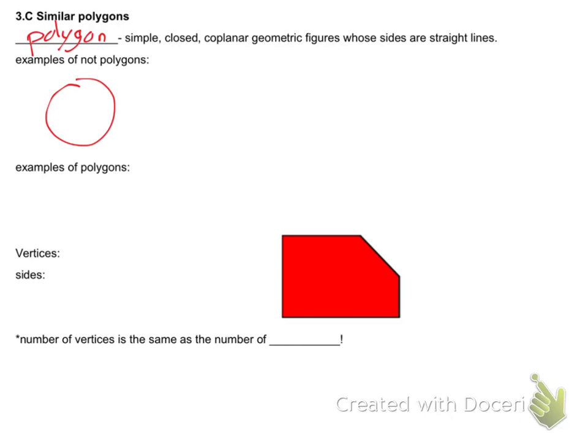A circle is a non-polygon, because by this definition, it has to have what? Straight lines. So therefore, a circle is not a straight line, so therefore not a polygon. No way I could have cheated on that either, so that's straight out of the thinker.